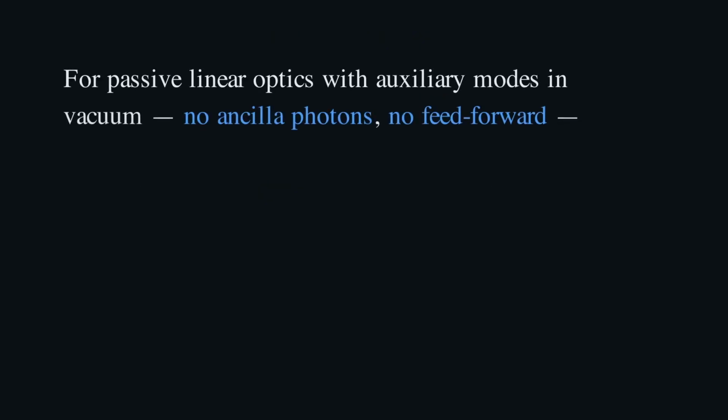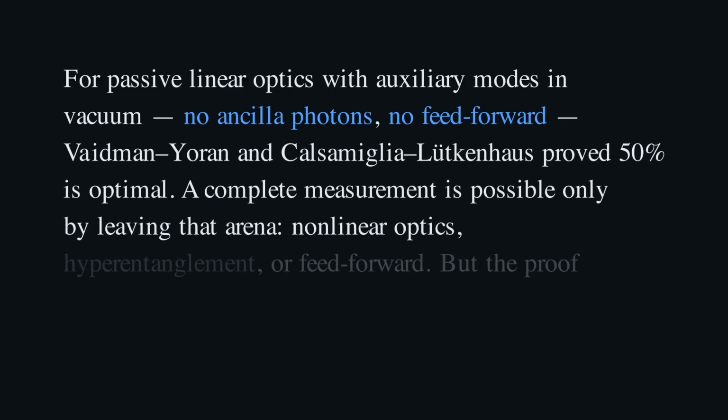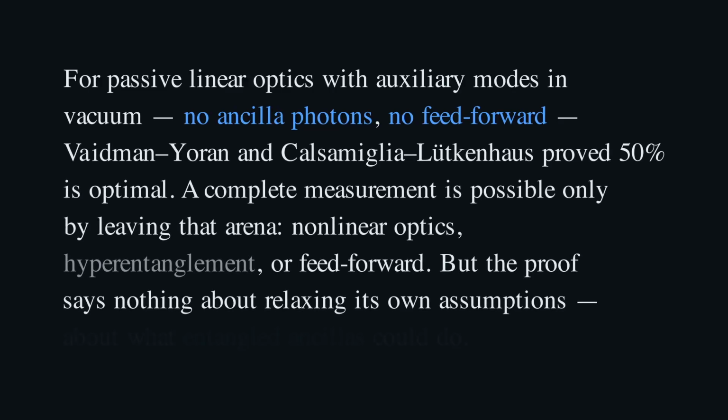Theoretical results by Weinfurter-Braunstein and Calsamiglia-Lütkenhaus proved that this 50% success rate was optimal for passive linear optics under the assumption of auxiliary modes in vacuum, no ancillary photons, and no feed forward. A complete measurement is possible only by leaving that arena, either nonlinear optics, hyperentanglement, or feed forward.